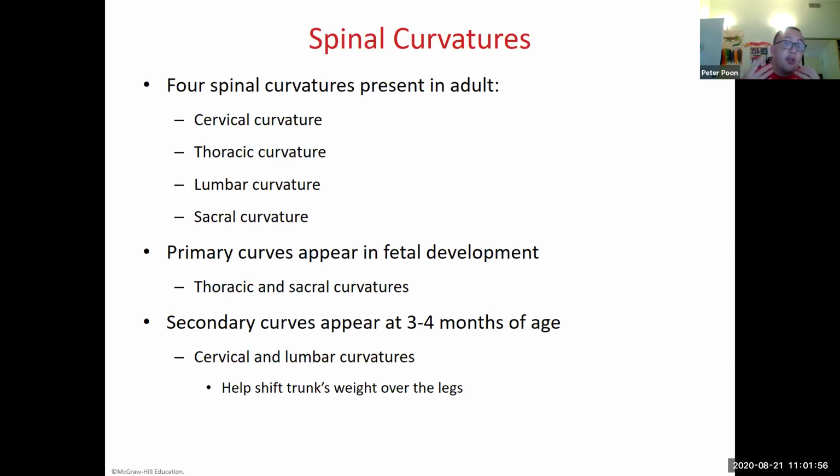It allows the baby to hold its head up, because it balances the head over the right spot. The lumbar curvature occurs a little later and shifts the trunk's weight over the legs, so it allows the baby to stand. That finishes about a year, which is why it can stand in a year.